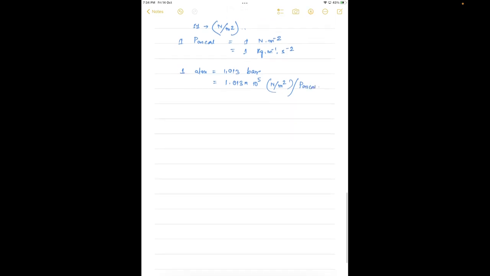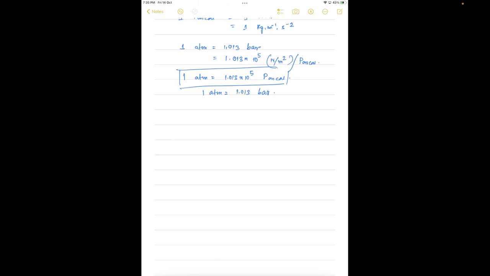So 1 atm equals 1.013 into 10 to the power 5 Pascal, and 1 atm is 1.013 bar, and in millimeter of Hg unit, 1 atm equals 760 mmHg. This will be needed to interconvert units in some problems.